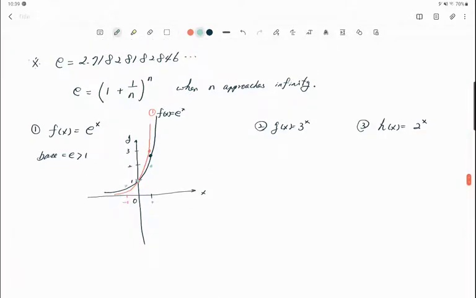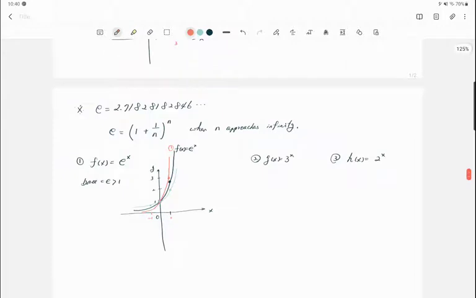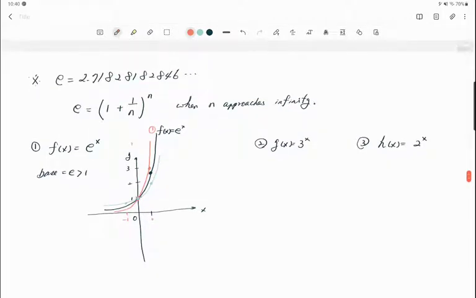So the graph is now something like this. Can you see it? It's wider. So this is graph 1, the red one is graph 2, which is g of x equals 3 to the x, and this is graph 3, h of x equals 2 to the x.